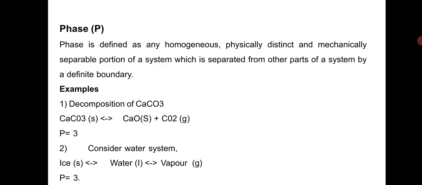So it consists of a benzene liquid phase, a water liquid phase, and a vapor phase. Similarly, if two liquids are completely miscible in nature, it forms only one liquid phase and one vapor phase. Example, alcohol in water. Alcohol completely dissolves in water, therefore it produces only one liquid phase. Similarly, it also produces one vapor phase.